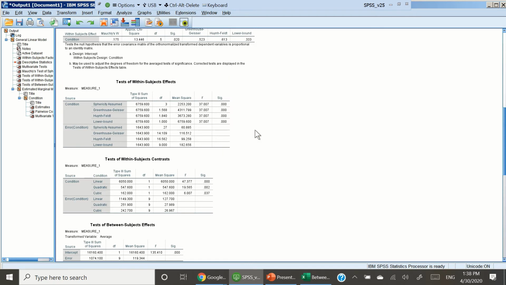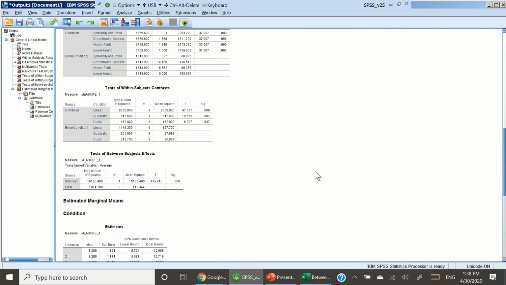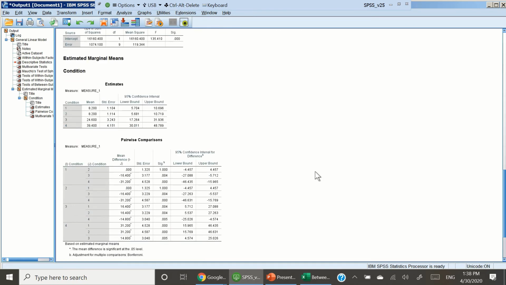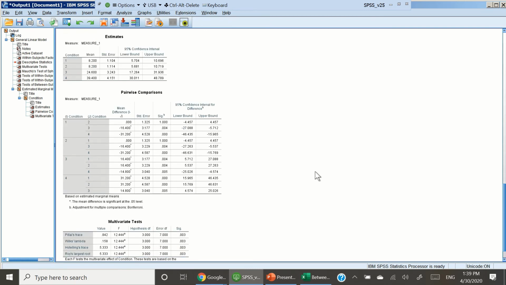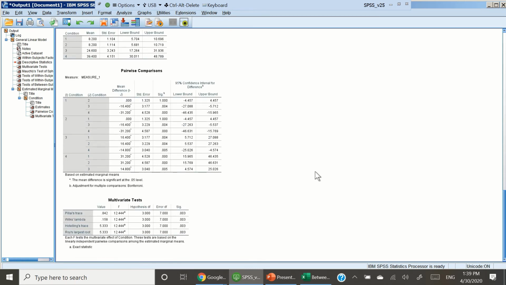Okay, so you can see that this is a very small number, the p-value, so this is a highly significant result. Now down here, what you need to look for in terms of the post hoc, which in this case is the Bonferroni, is the comparison between 1 versus 2, 1 versus 3.